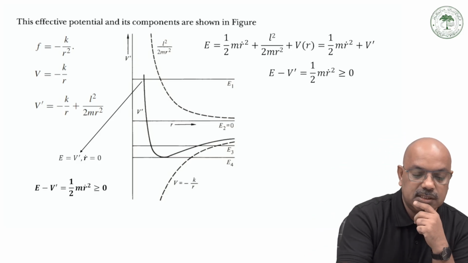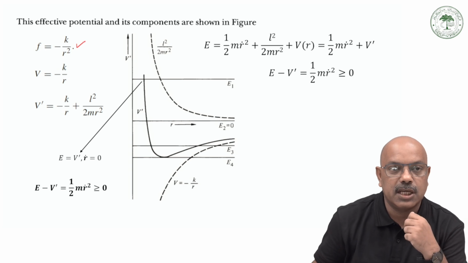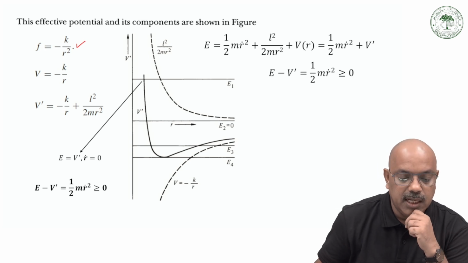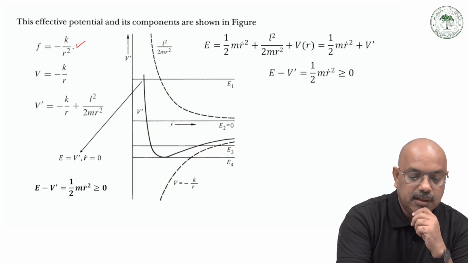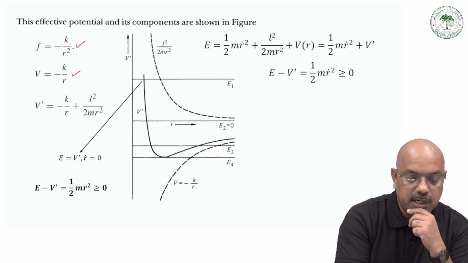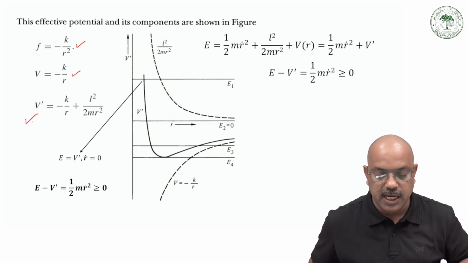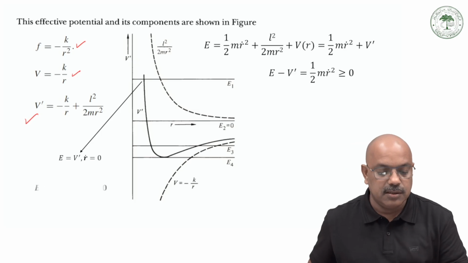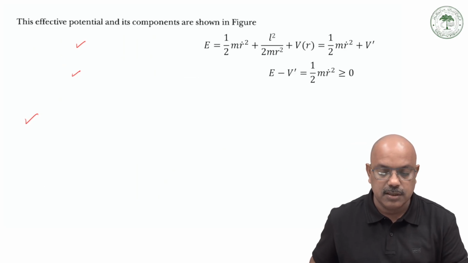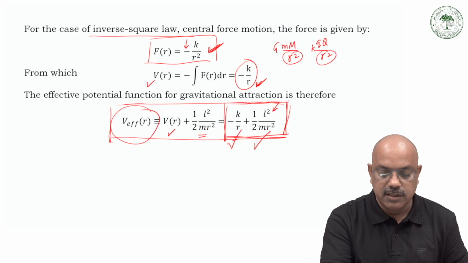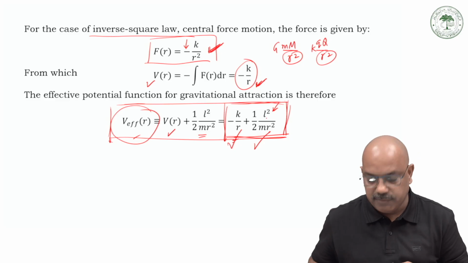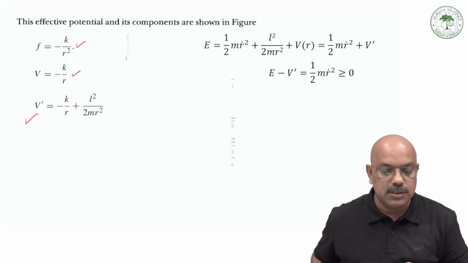If you plot this, my force is minus k by r square, and then I have the corresponding potential minus k by r, and the effective potential is this, as we have discussed here: minus k by r plus half L square by m r square.